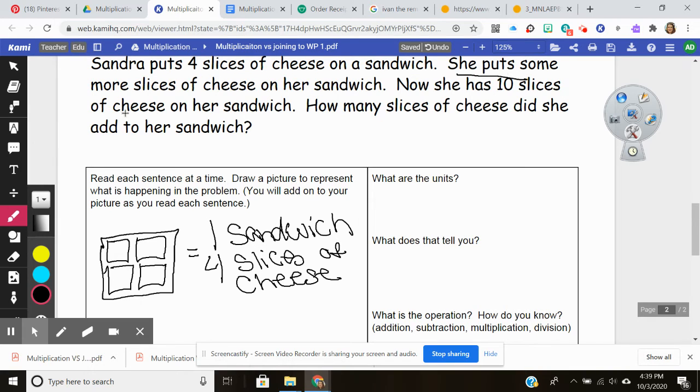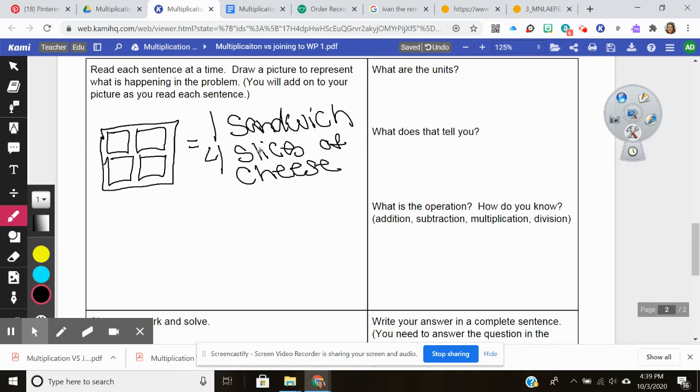I don't know how many slices of cheese she's putting on her sandwich. So I know that she's putting more slices, but I don't know. So I'm going to put the question mark, and I'm going to put more slices of cheese. And she's putting it onto this sandwich, this one right here.